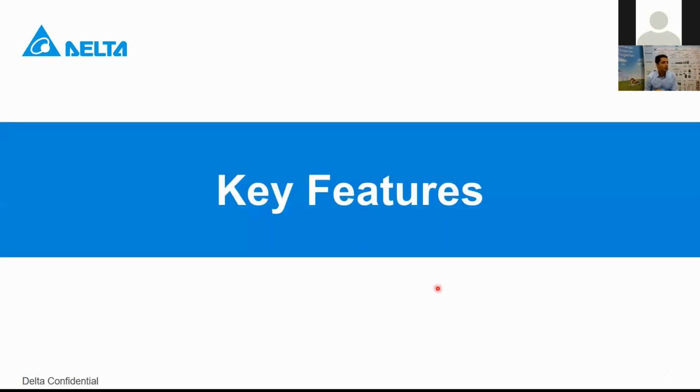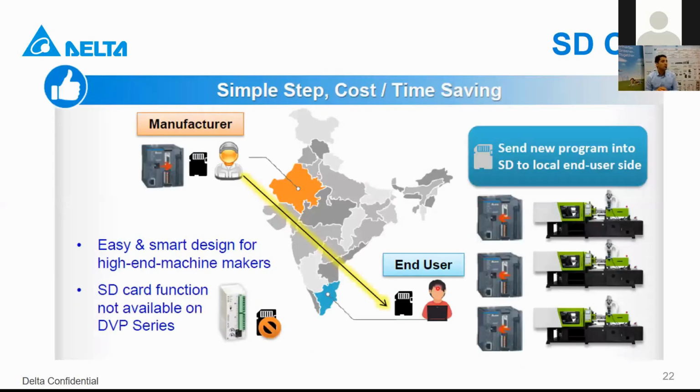Okay, let's have a look at key features. The first one I want to highlight is the SD card. We mentioned that the CPU supports an SD card, and this SD card allows us to store our user project, the PLC project. For remote support, we can make a change in the project in our factory, let's say, and then export it to an SD card, ship it to the machine builder, and they can import it.